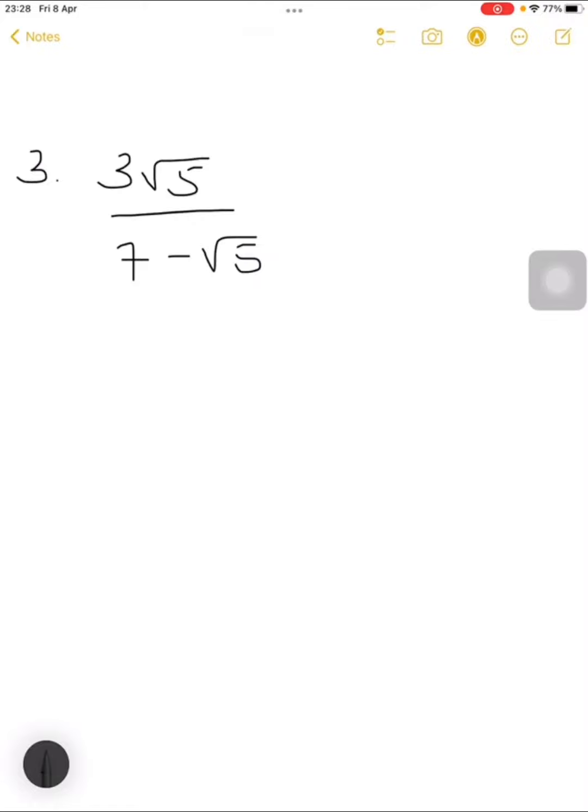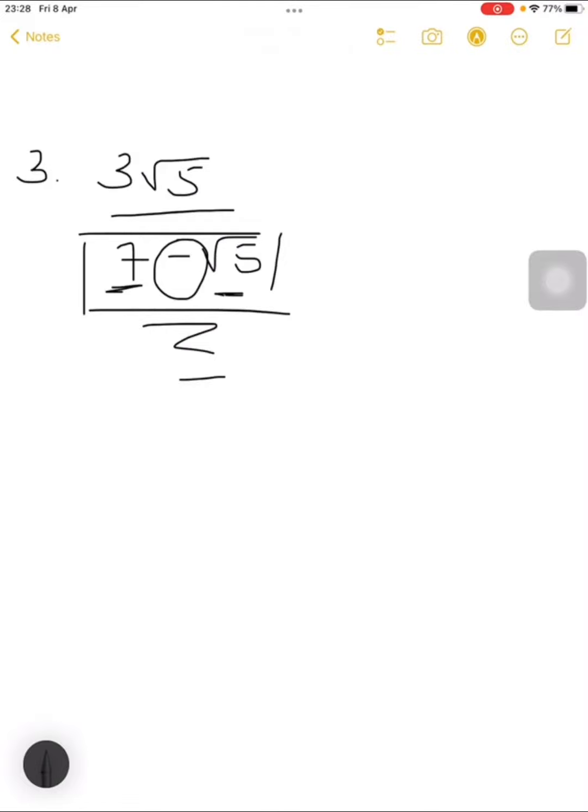But when you have two terms, then you multiply both numerator and denominator by the conjugate of the denominator. It's like you negate the denominator. The terms remain the same. What changes is the sign. If it's plus, it changes to minus. If it's minus, it changes to plus.